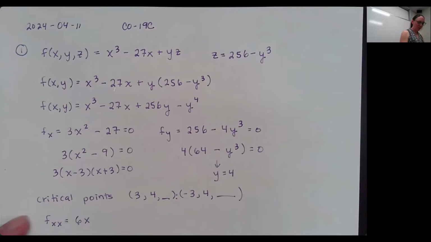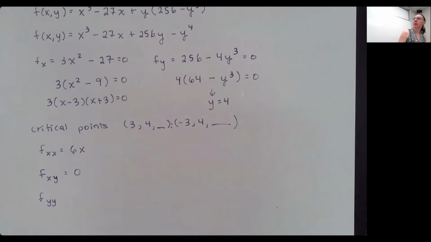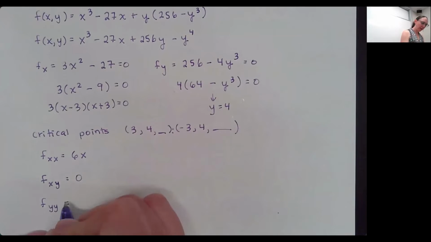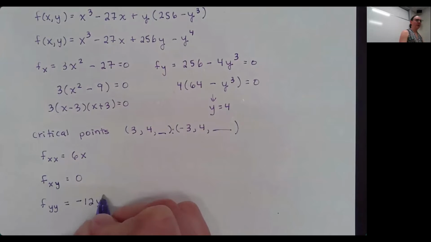My mixed partial with respect to x and then y looks like 0. And my second partial with respect to y twice is -12y squared. How'd I do?